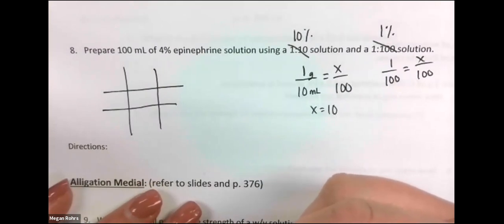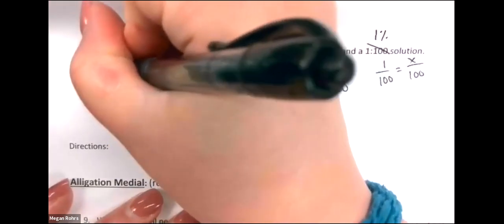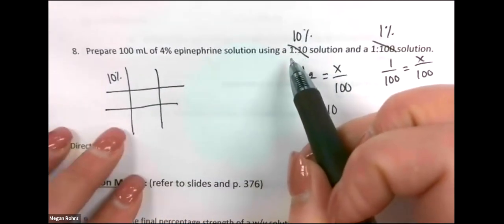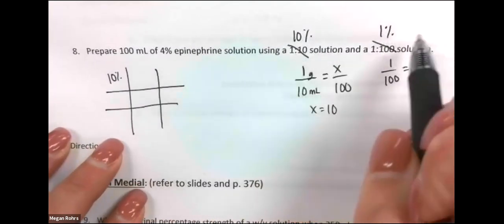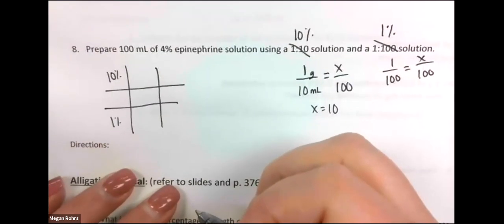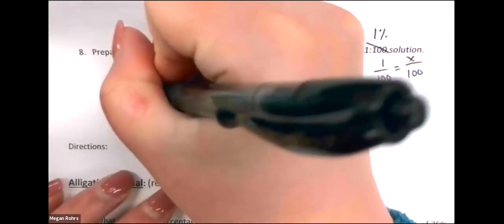Remember, the highest percentage strength always goes in the top left. So the highest one that we see is 10. Lowest one goes in the bottom left. So that would be R1. And then what we're trying to make goes in the middle. So we're trying to make a 4% solution.